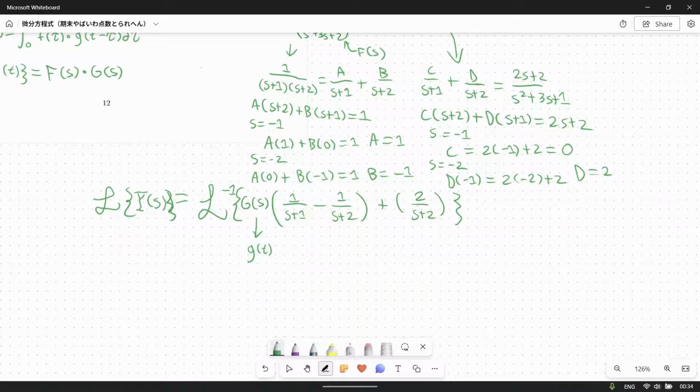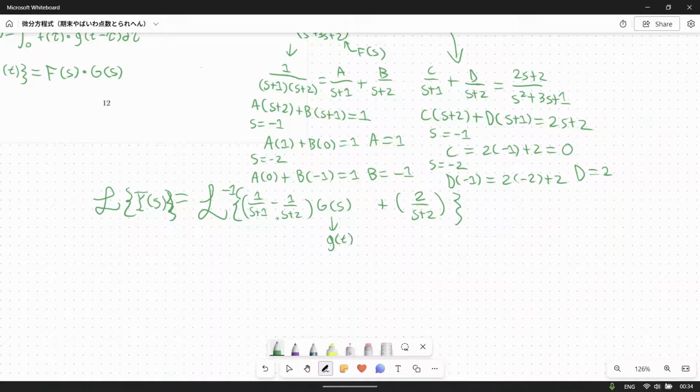Let me put the g of s on the other side, so that it can translate more nicely into our convolution formula, because convolutions are not commutative the way multiplication is, and so the order does matter. So you'd end up with 1 over s plus 1 minus 1 over s plus 2 times g of s, and then this just goes to g of t.